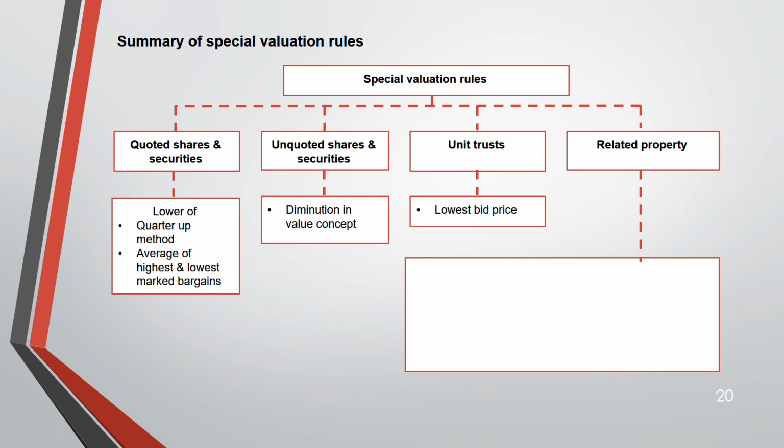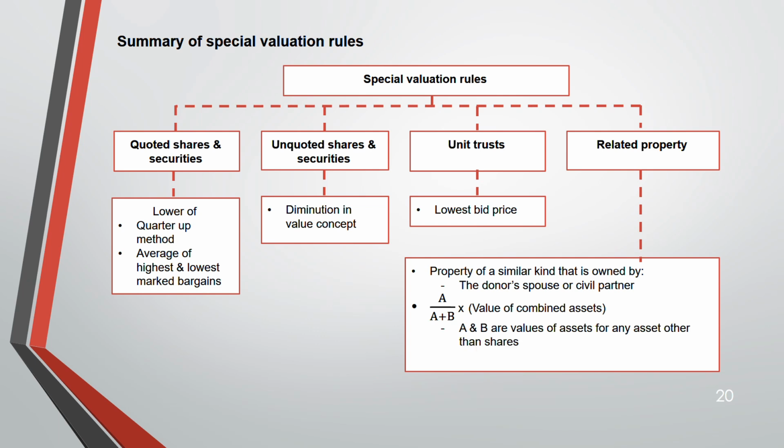Unit trust, lowest bid price. Related property: if the property is of a similar kind that is owned by the donor's spouse, this is the value you have to use: A divided by A plus B. A is the value of the donor's asset. B is the value of the related property, into the value of the combined asset. A and B are values of assets, or A and B could be the number of shares.